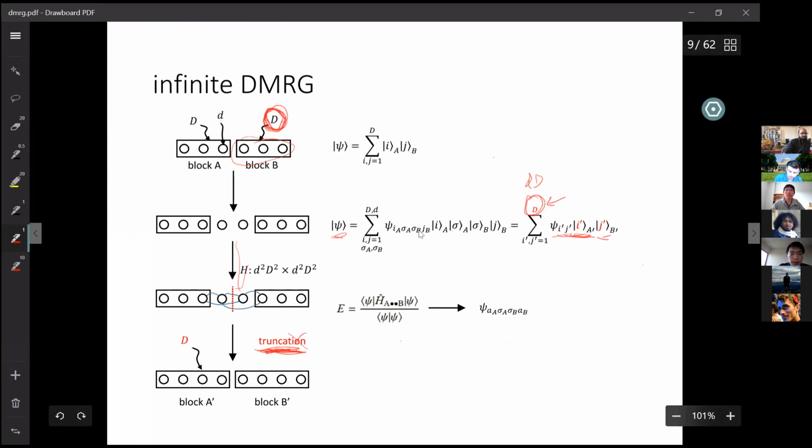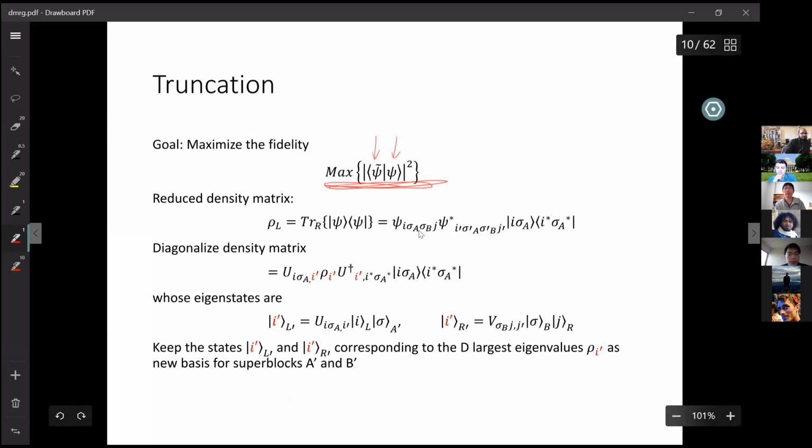So this is why it's called DMRG. Just look at the reduced density matrix corresponding to this cut. Basically you trace out the degrees of freedom on the right to obtain the reduced density matrix on the left, and you can diagonalize the matrix, which gives you the eigenvalues and the eigenvectors.